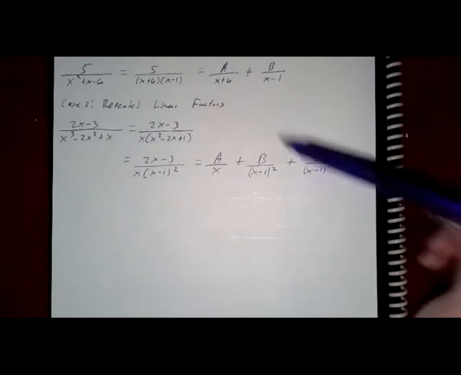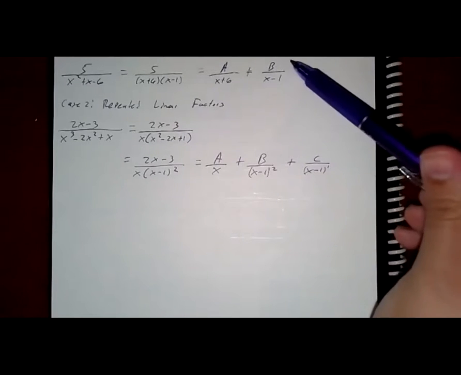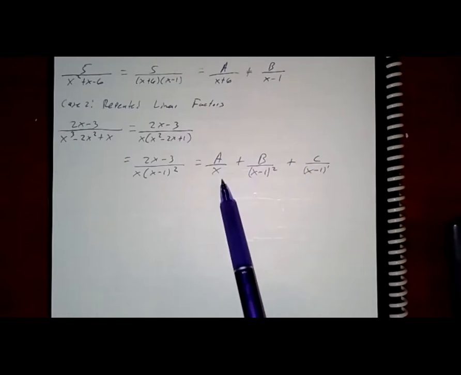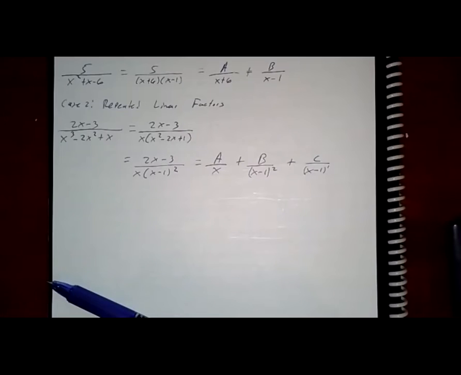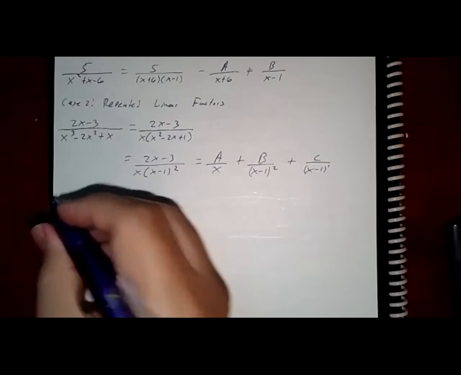So this is a combination of repeated with distinct. So A over the first one, B, C. Does that make sense? Okay, so that's how you do case two.